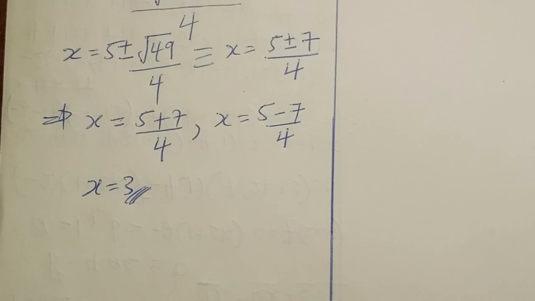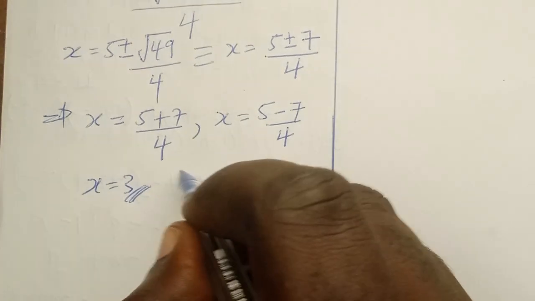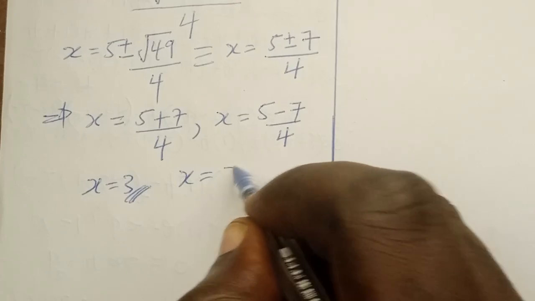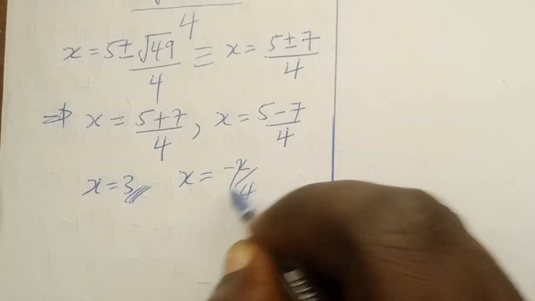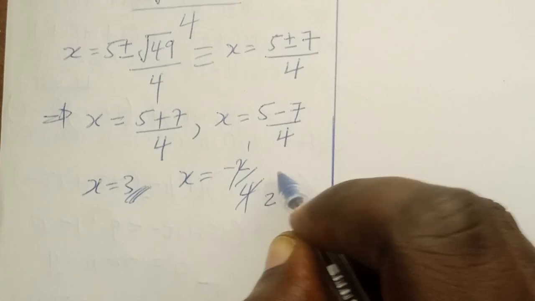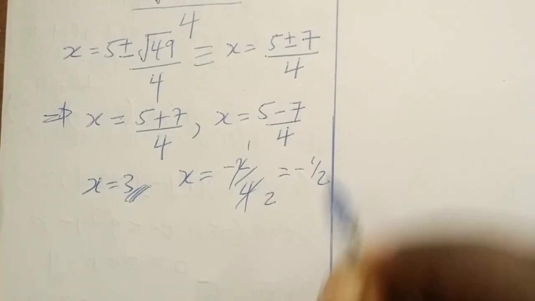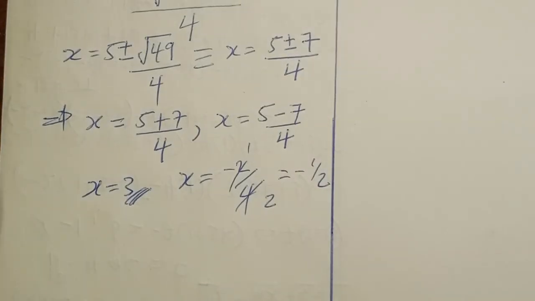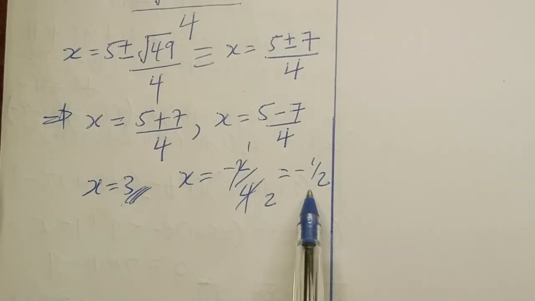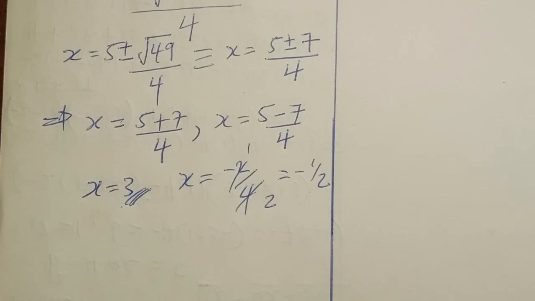Minus 2 over 4. So we have x is equal to minus 2 over 4. But 2 can go one time here, and 2 times here. So it's equal to minus half as well for the value of x. So x is therefore 3, and x is equal to minus half.